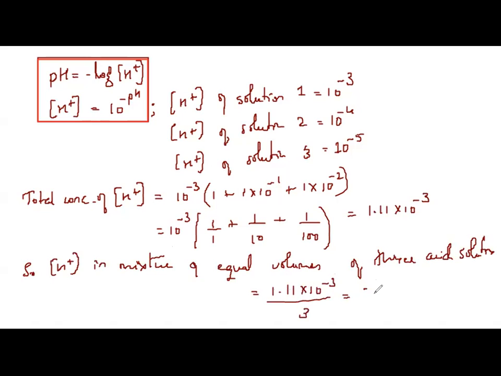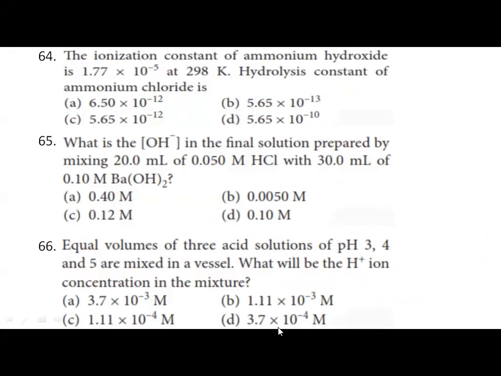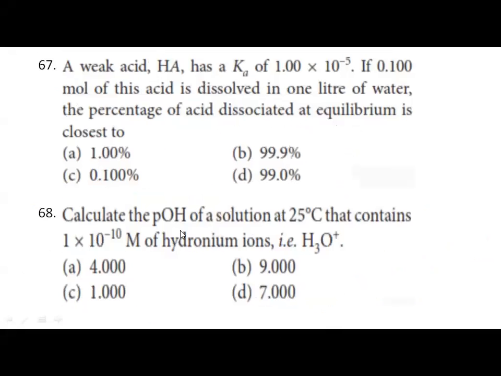That comes out to 3.7 into 10 raised to minus 4 molarity. Understood? So here first we get the total H plus ion concentration, and in equal volumes of 3 acid solutions it is divided by 3. So the answer is 3.7 into 10 raised to minus 4 molarity. 3.7 it is. Yes.